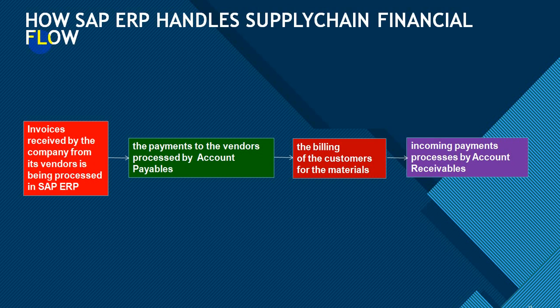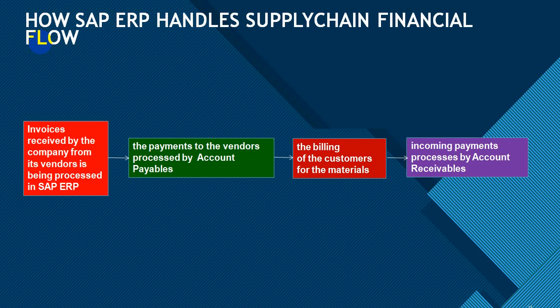Alright, so for the financial flow, while all these transactions and activities are happening, they all have a financial impact. Alright, so for instance, when the vendor invoices received by the company from its vendors are processed in SAP ERP, when a vendor has supplied, they'll give you their invoice. Alright, so the data or information for their deliveries and payment is within the invoice.